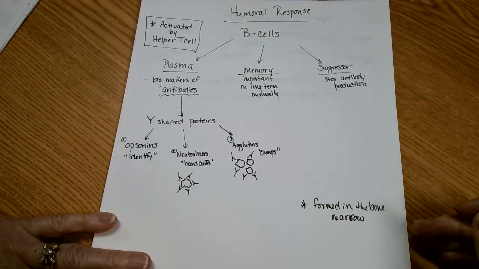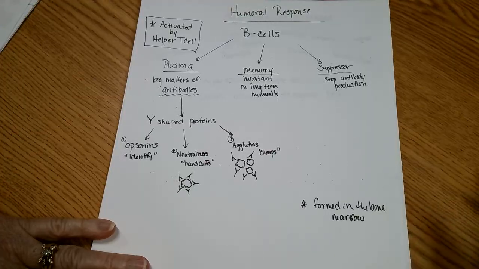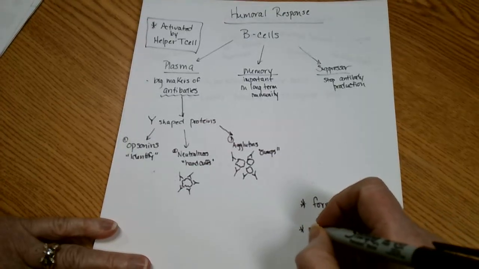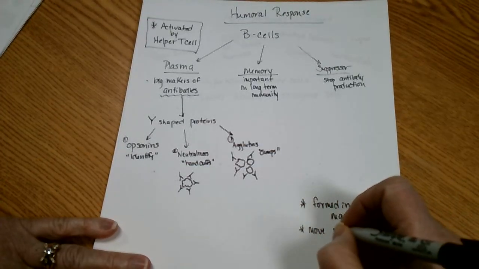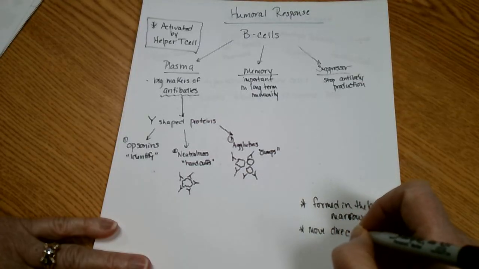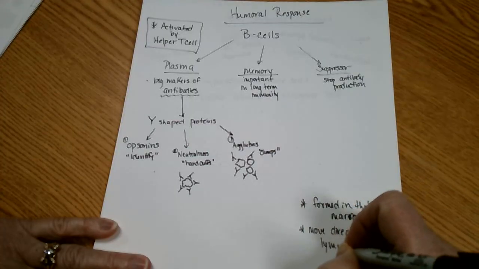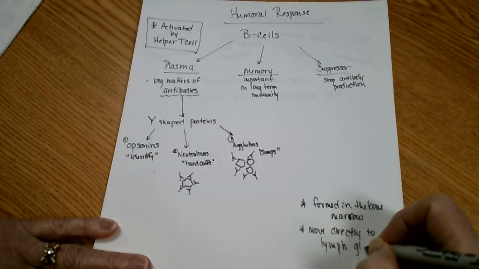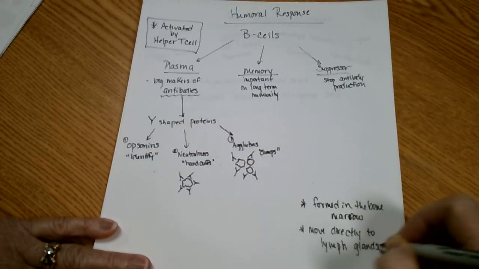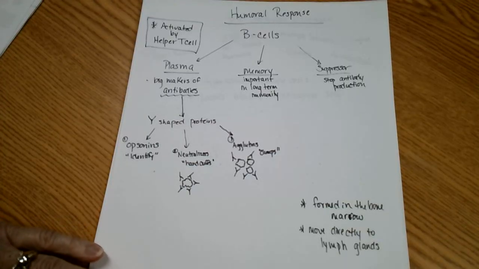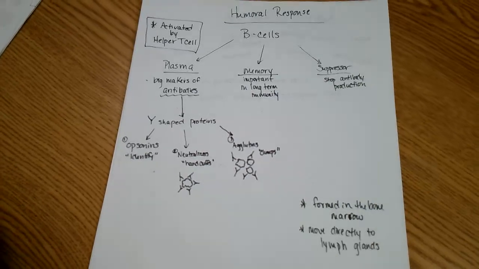Once they're formed in the bone marrow, they go directly to the lymph glands. And it's in there, when an antigen comes along, that the B cell learns its job and then gets activated, of course, by the helper T cell.